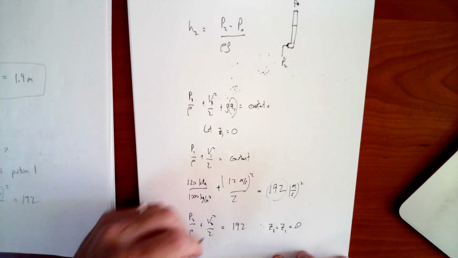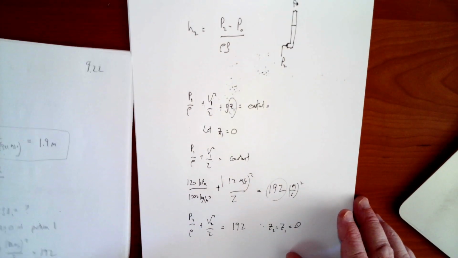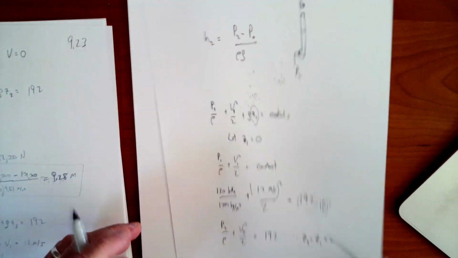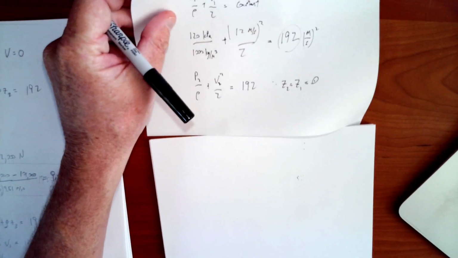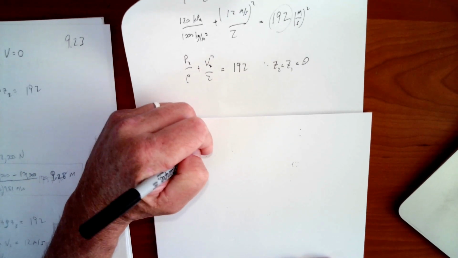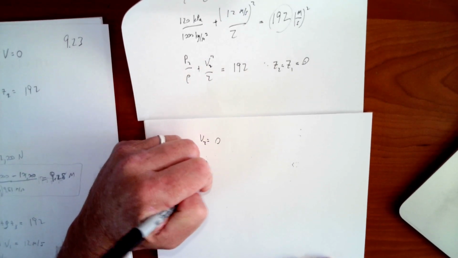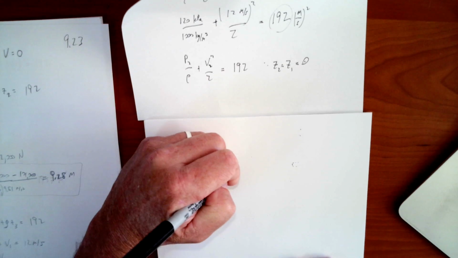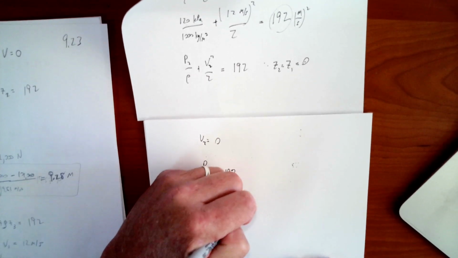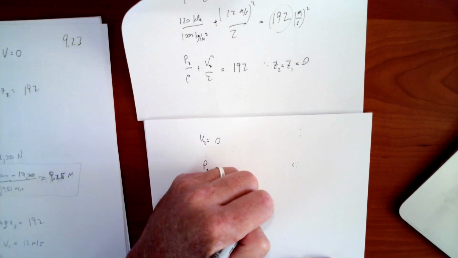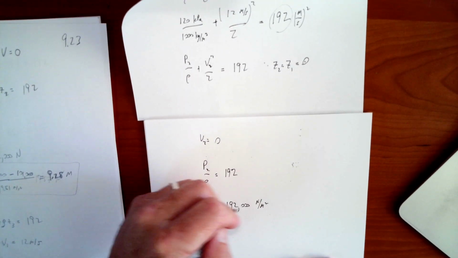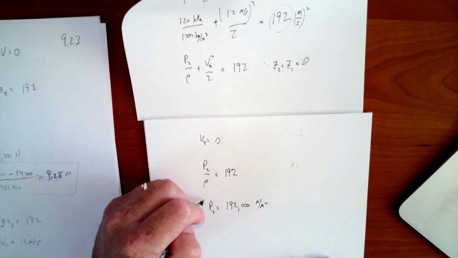The only thing that changes is that V2 is equal to 0. That means P2 over rho equals 192, which means that P2 is equal to 192 thousand newtons per meter squared. So that's my pressure at 2.